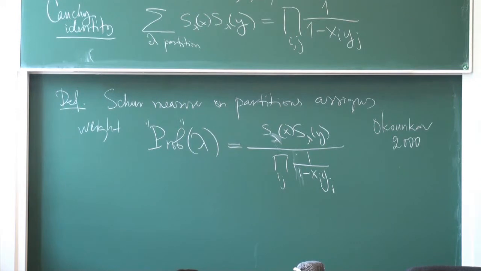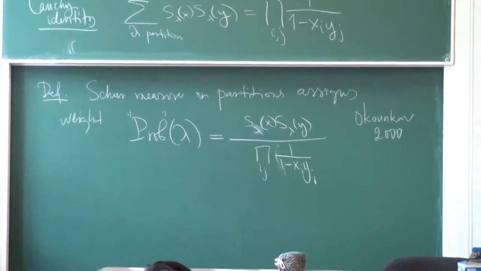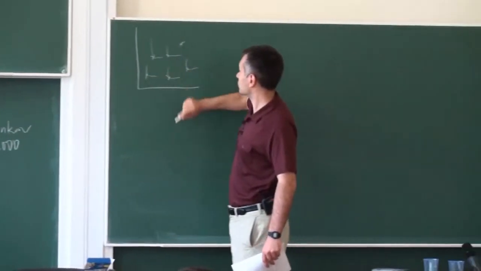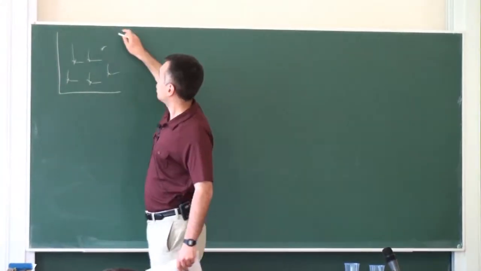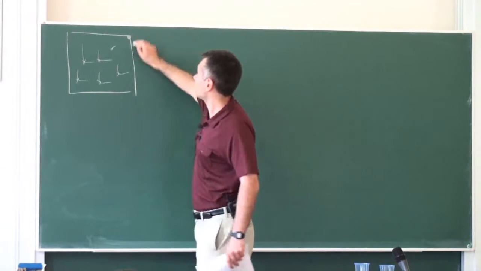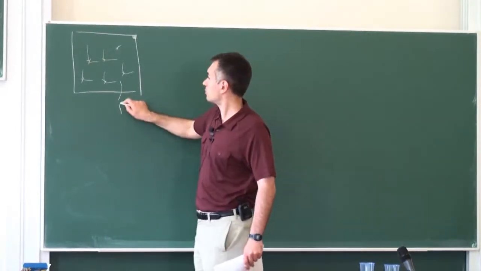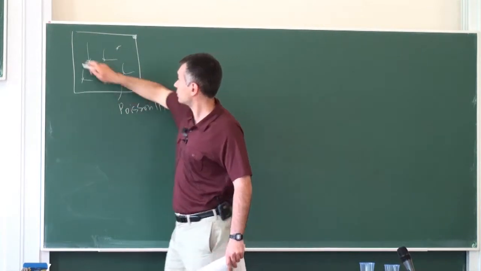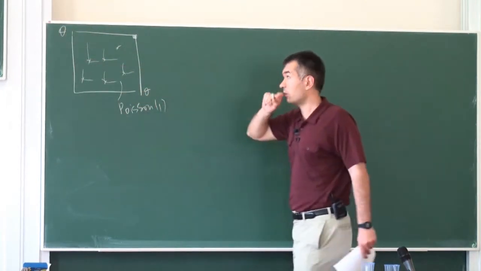Now yesterday there was a Poisson process, and I produced some sort of a shadow line construction, you may remember, that eventually produced a partition. So this was a Poisson process with density 1 that I'd restricted on a square of size theta by theta.